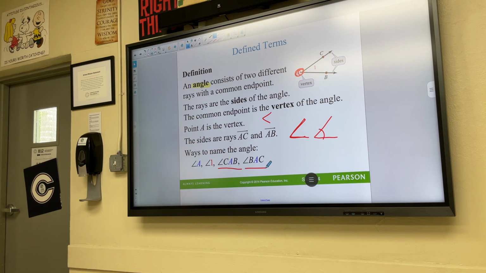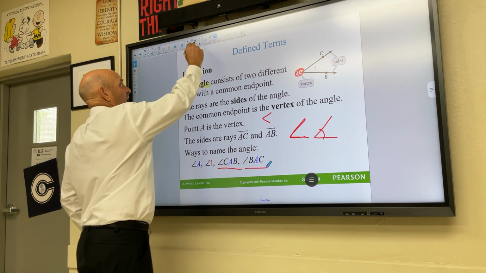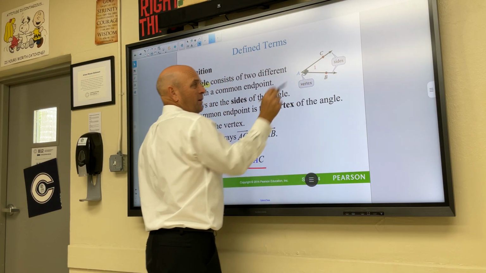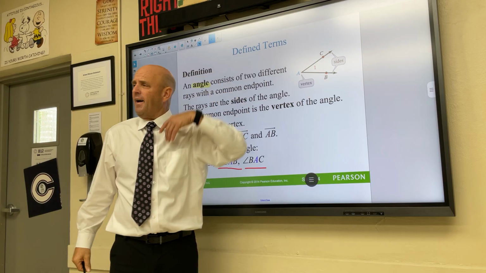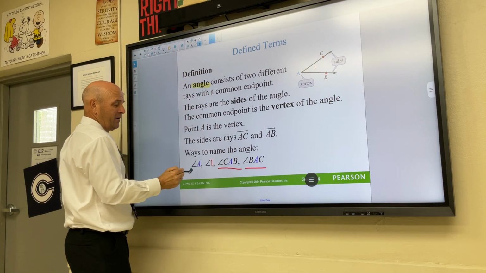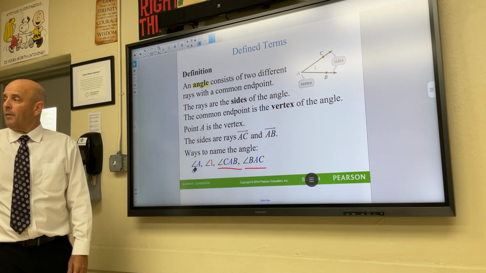Now, there are some shortcuts, like there was with a line, remember? If you only have one angle here, which I do, then why don't I just call it angle A? Yes, I can. You see that right here. What is angle 1?